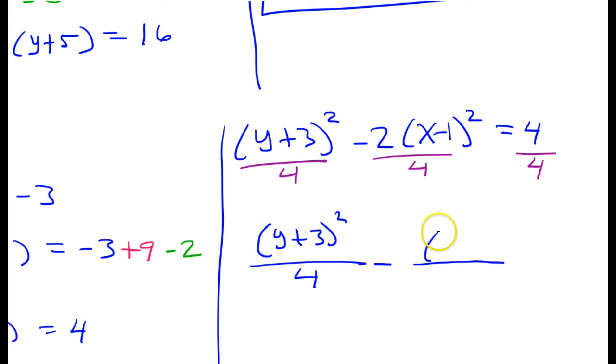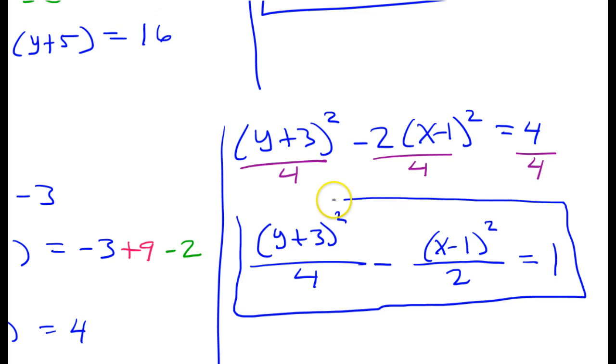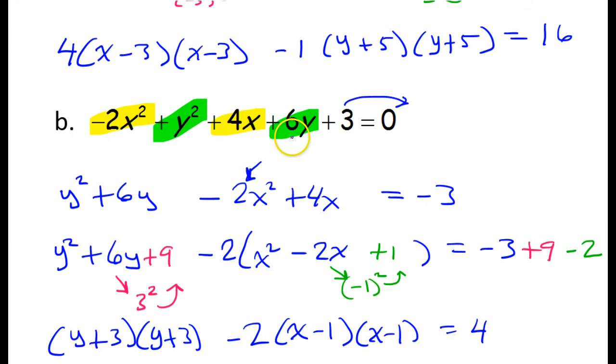So I'm going to have (x minus 1) squared over 2 and then equals 1. So this is the standard form equation of the hyperbola, whose equation was originally given in general form.